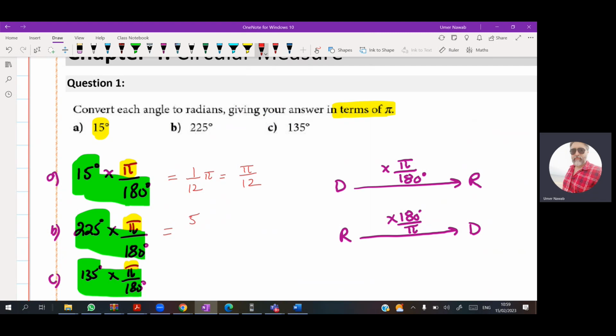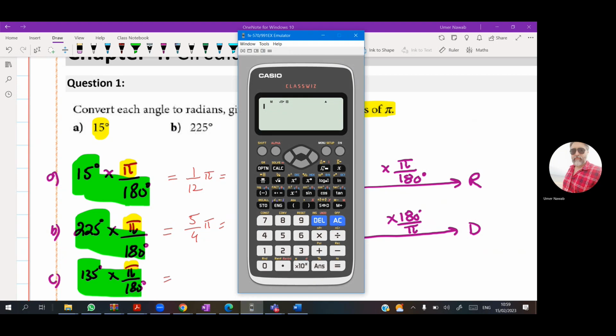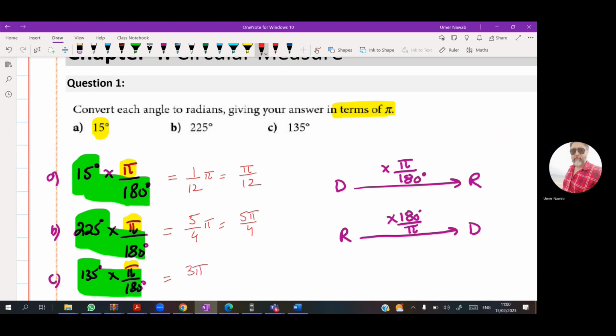So I can write 5 over 4 pi or 5 pi by 4. The last one, 135 divided by 180. It gives you 3 pi by 4 or 3 over 4 pi.